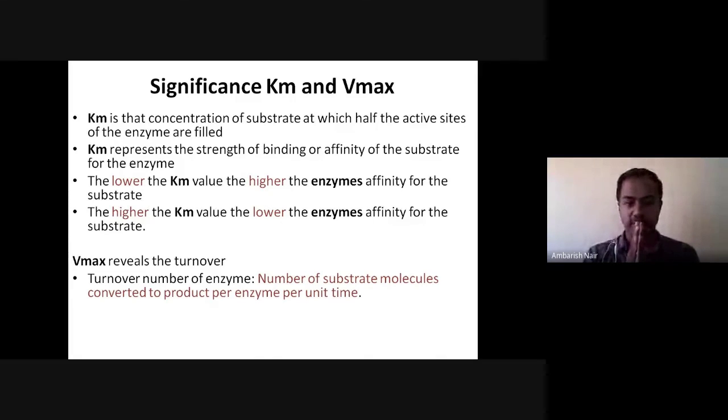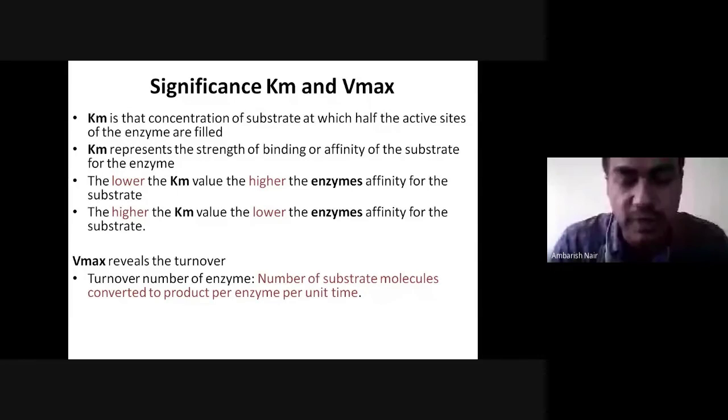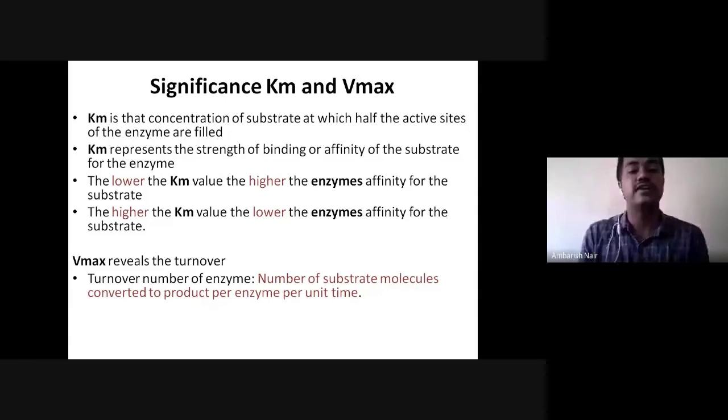Sometimes you think higher the Km, higher the value is correct. No, it is vice versa. You can confidently, with full confidence, write how Km and affinity change. Lower the Km, higher the affinity; higher the Km, lower the affinity. If you write low, you have to write high. If you write high, you have to write low. I hope you got the significance of Km now.